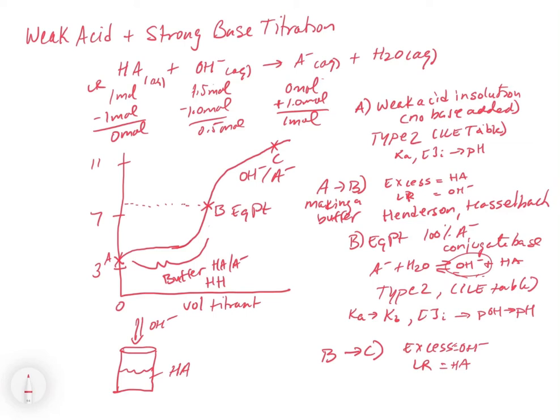Well, this is going to be true here as well. We have excess strong base, and that is going to control the pH, or really the pOH. The concentration of OH minus is going to equal the moles of OH minus in excess divided by the total volume, and from that we can get the pOH and the pH.